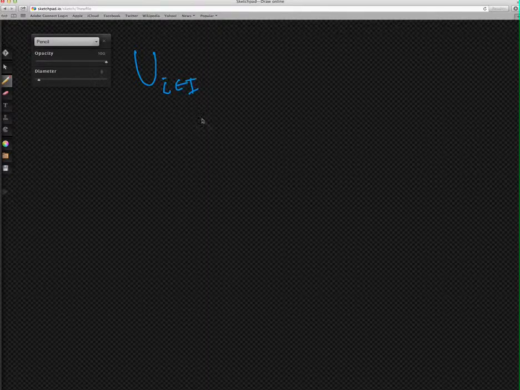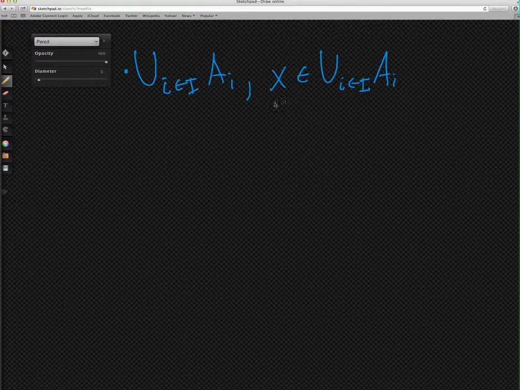And those look like this, A sub I. And if you say X is an element of these, then that just means that there exists some I in the indexing set such that X is an element of the indexed A.